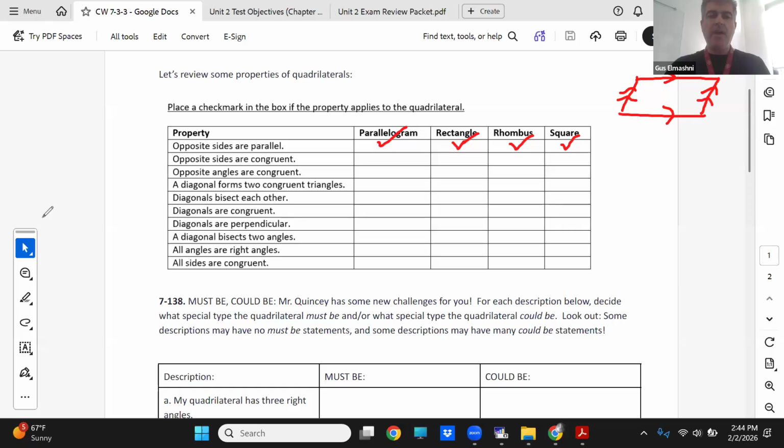So in case you're curious, the MCCC is a must be, could be. Must versus could.